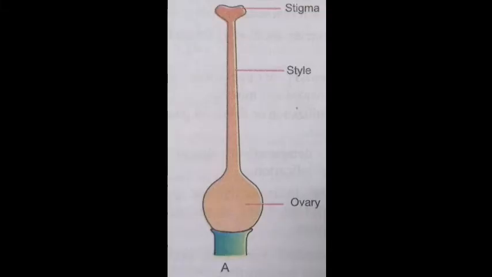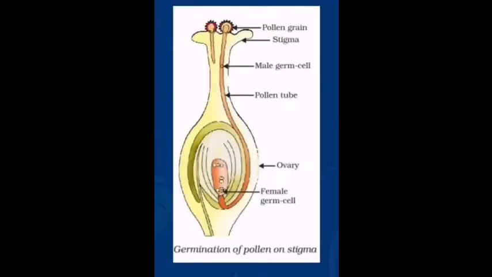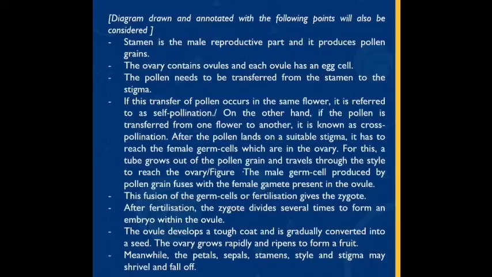Then you have to draw the pistil, showing and labeling the ovary, stigma, style, etc. And then you have to draw the double fertilization, which shows the pollen tube germination and the fusion of male and female gametes. So along with the diagram, you need to explain the changes as points.